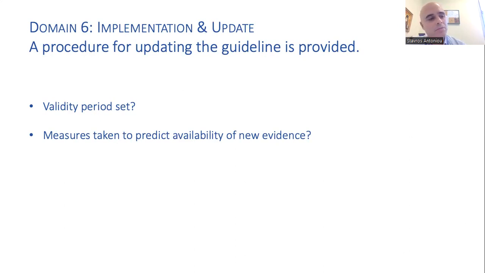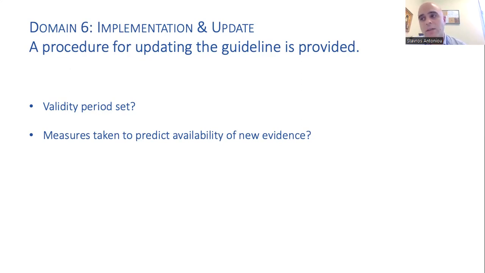For example, the guideline development group might search for trials which are ongoing, or communicate with leading institutions who might lead ongoing trials and discuss with them, investigate whether these are going to become available, or just see the trend of the evidence.